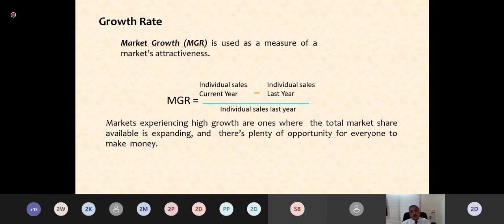This BCG matrix is a portfolio planning model which is based on the observation that a company's business units can be classified into 4 categories.